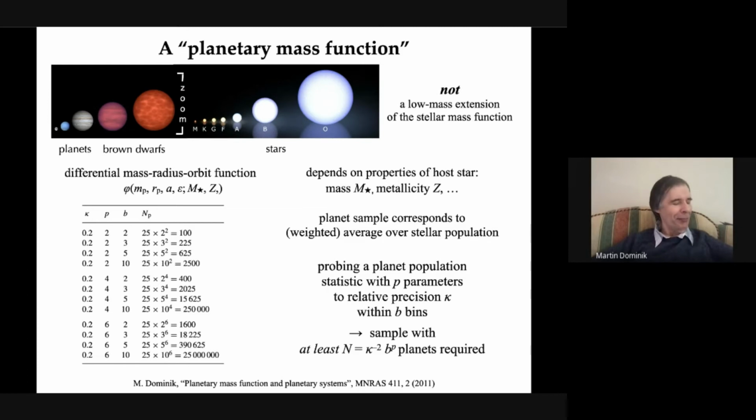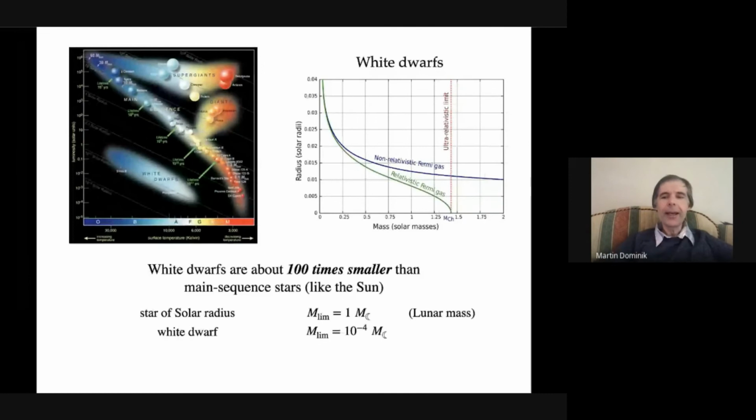Talking about challenging, how far down in mass can one go? As we have seen, the limit is the size of the observed source stars. White dwarfs are an end product of stellar evolution, and they are roughly about 100 times smaller than main sequence stars like the Sun.